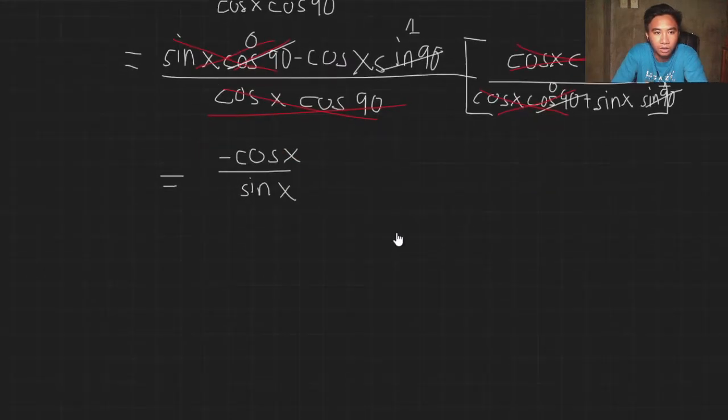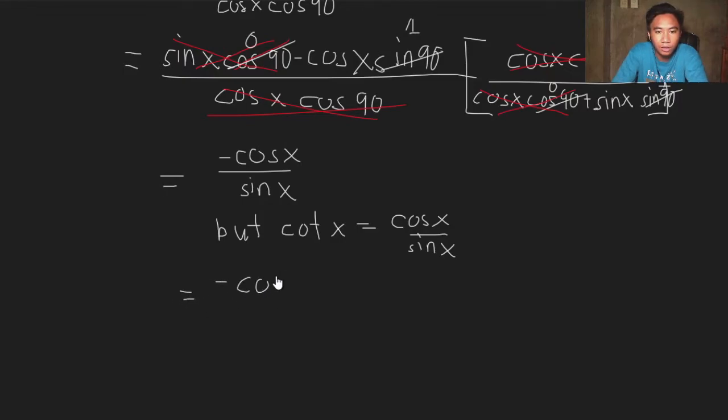And lastly, cotangent x is equal to cosine x all over sine x. So, negative cotangent x is our answer.